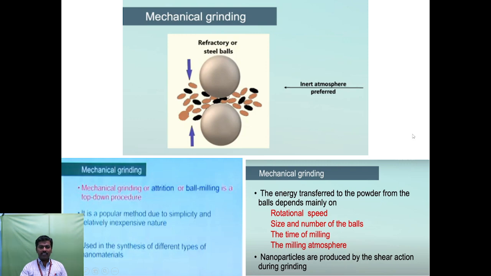In mechanical grinding, the energy transferred to the powder from the ball depends mainly on the rotational speed, size and number of balls. The time of milling and the milling atmosphere decide the size of the nanoparticle. Nanoparticles are produced by the shear action during grinding.